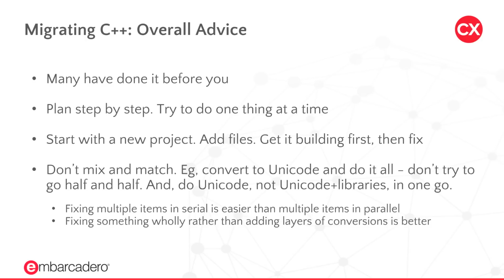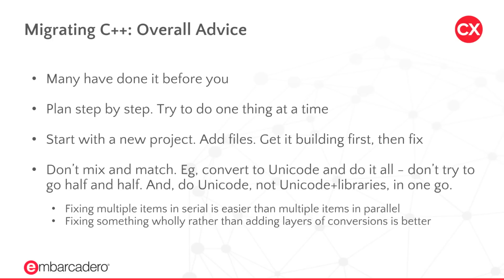I also recommend starting with a new project and adding files to it. Don't even try to upgrade the project files if you're going from a really old version to a modern one. Just start with a new project, make it completely empty, add your existing source. And the last dot point here, sort of covered a little already, but it says don't mix and match. That can be taken a few ways.